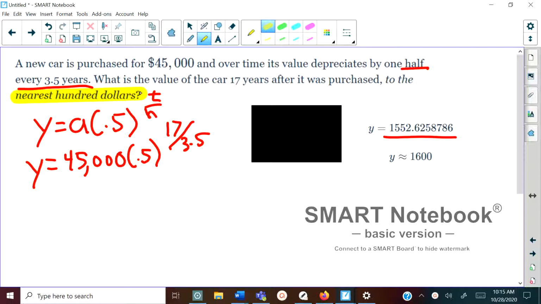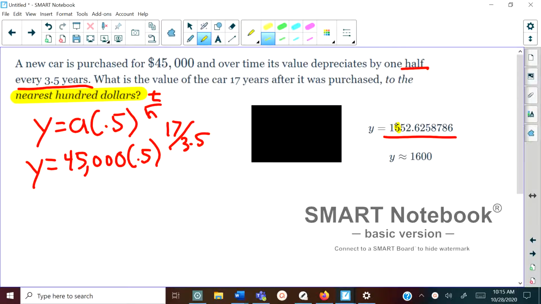Okay, nearest $100. The 100th place is right here, that 5. Okay, so 10 ones, 10s, 100.